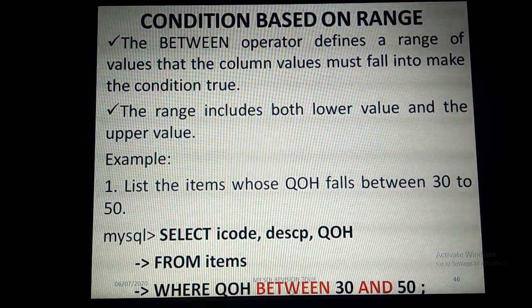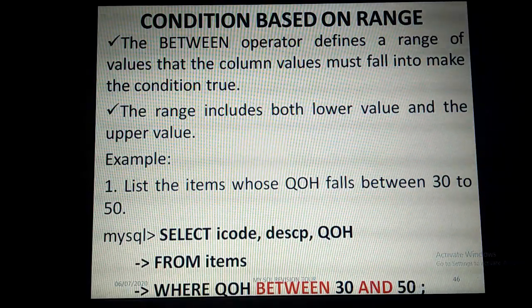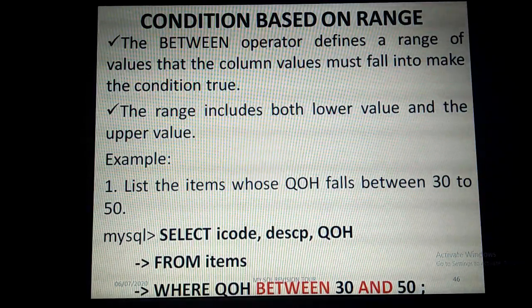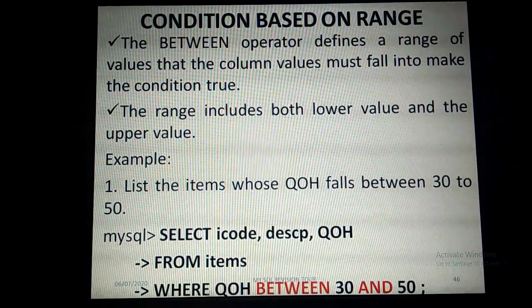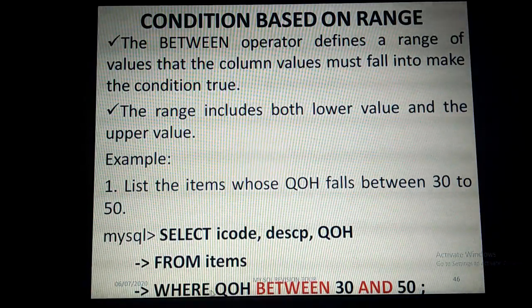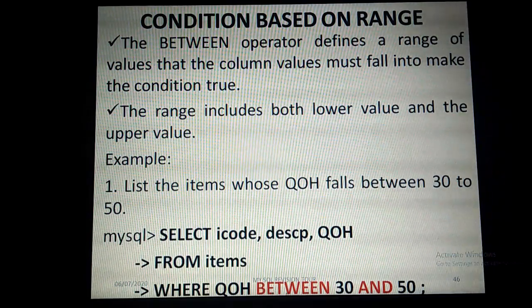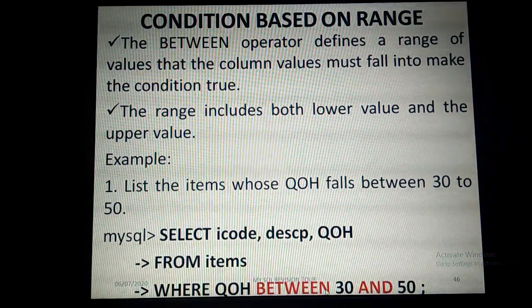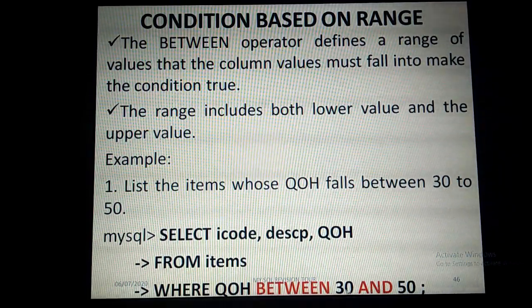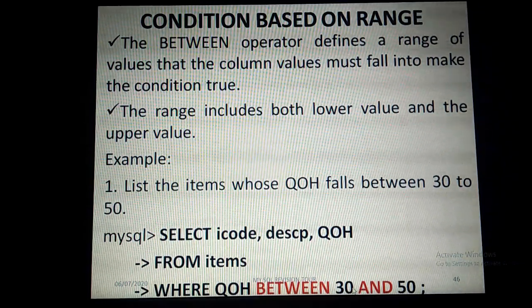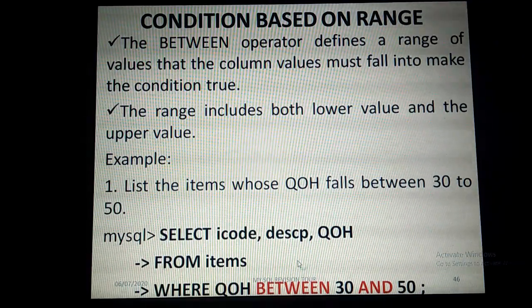So QOH between 30 and 50, at the end semicolon. Here everywhere we need to give space after every keyword, that is the word where, after that QOH is the column name or attribute name, then between operator, and then the and operator we are having, in between that we are entering that number. So everywhere we need to give a single space, at the end semicolon.